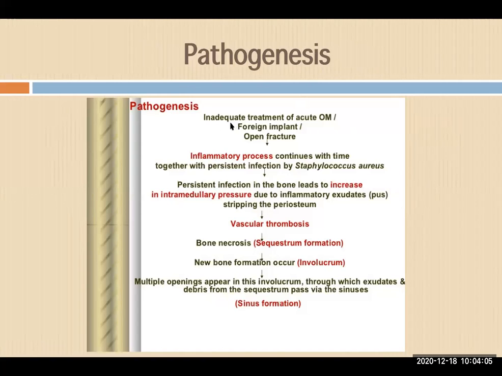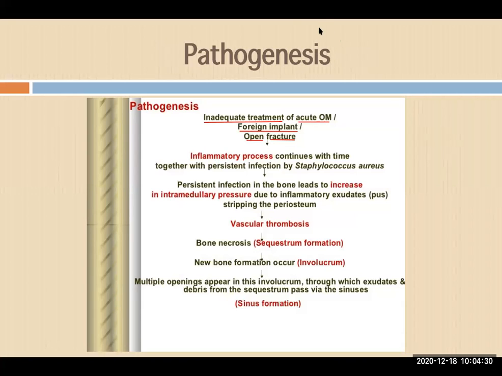If acute osteomyelitis is inadequately treated, if there is an infection of a foreign implant, or if there is an open fracture and later on it develops infection, they are the start point for chronic osteomyelitis. That's how the disease starts.